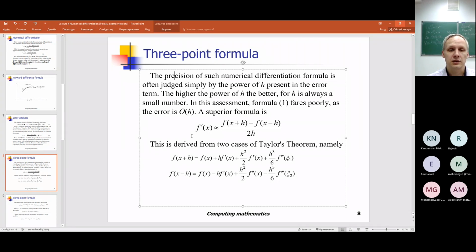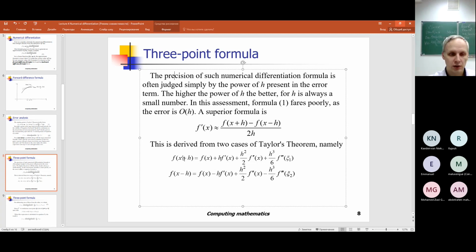In this assessment, Formula 1 fares poorly, as the error is of order h. A superior formula is written here, this one. This formula can be derived from two cases of Taylor's theorem.